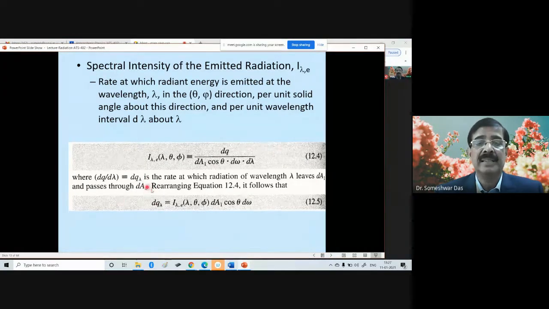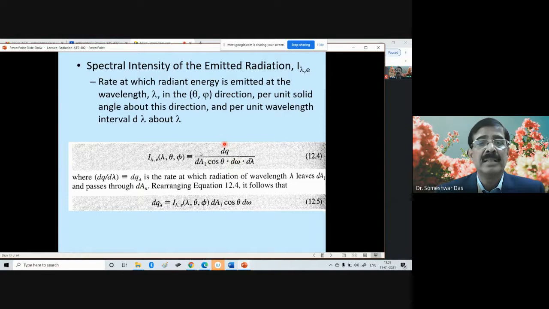This radiation leaves the solid area dA1 and passes through several such solid areas in the direction of radiation: dA1, dA2, dA3, and so on up to dAn. So rearranging the terms in this equation, we can write dq lambda equal to I lambda E of lambda, theta, phi times dA1 cos theta d omega.